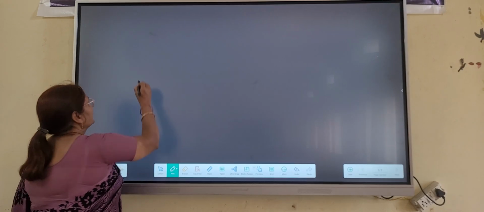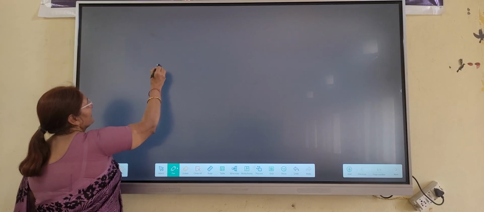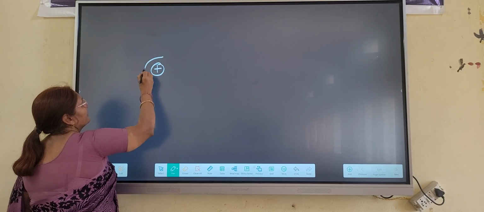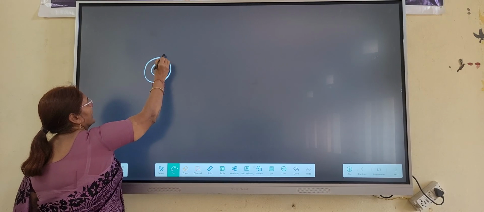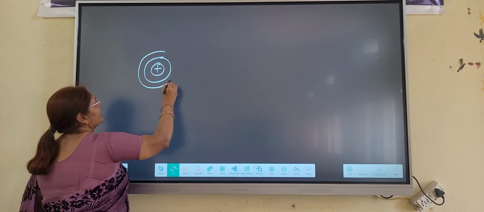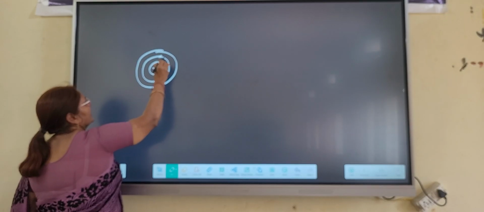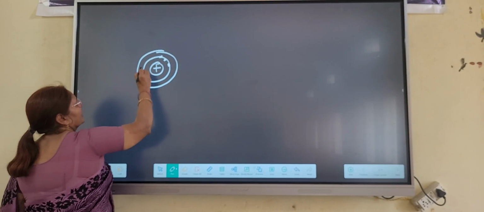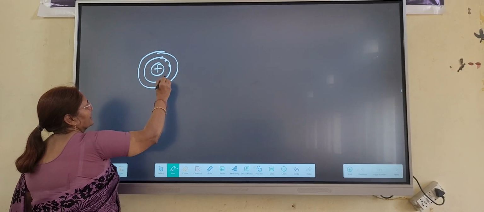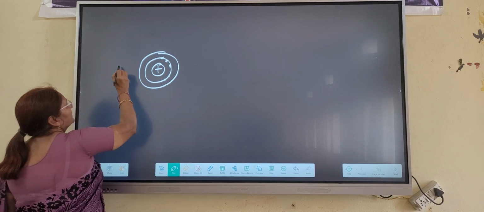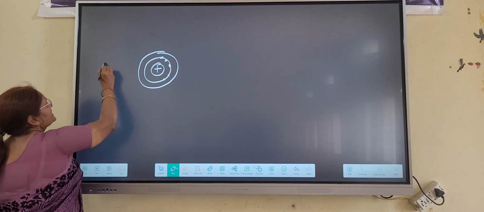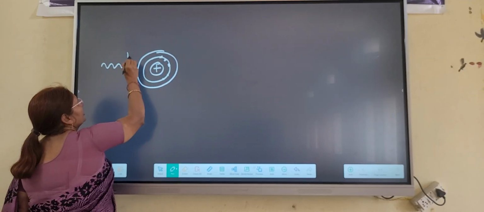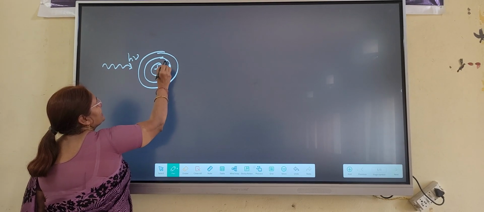So, for this, first I show you a diagram. This is an atom whose nucleus is this, and this is the first excited state of the atom. This is the second excited state of the atom, and here suppose this is the ground state where the atoms are present, and suppose there is an external photon h nu which is coming and hitting this atom.